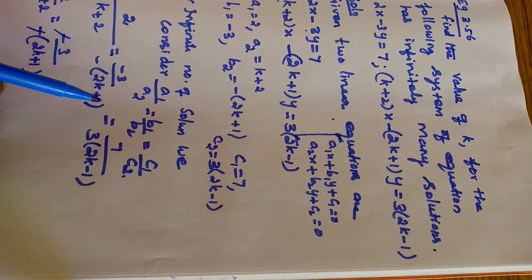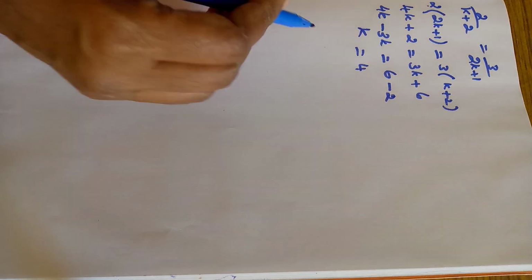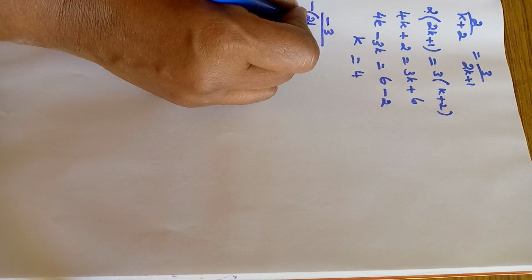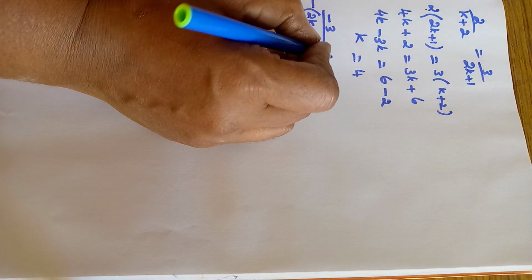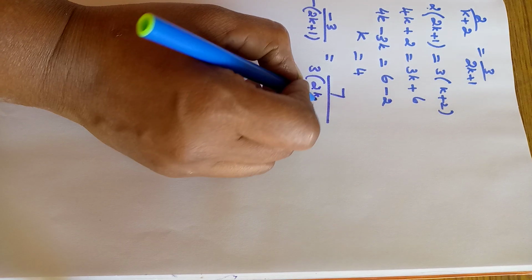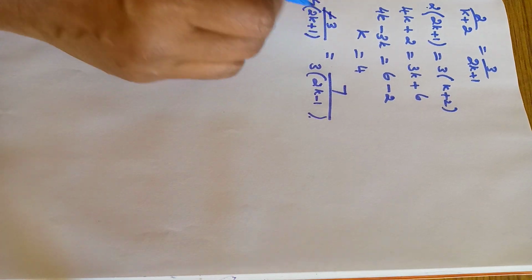Now let us take the next two terms. So we get minus 3 by minus of (2k plus 1) is equal to 7 by 3 into (2k minus 1). The minus up and down cancel.